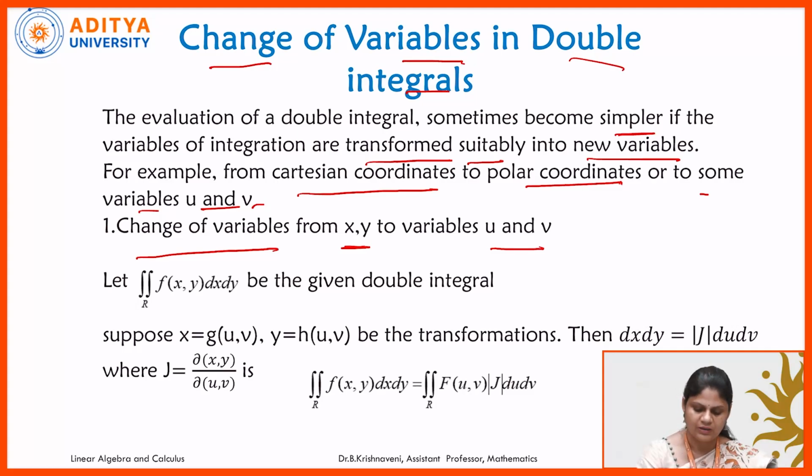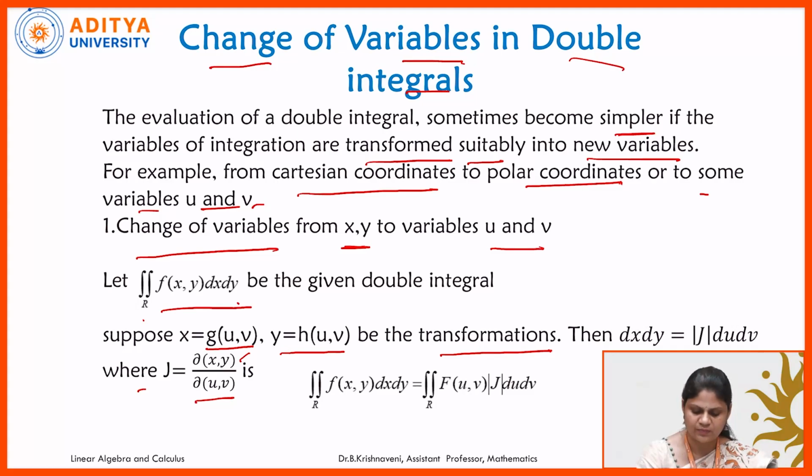How to do this? Let us consider a double integral over R f(x, y) dx dy. And suppose x is equal to g of u comma v, y is equal to h of u comma v be the transformations. Then dx dy is equal to modulus of J du dv, where J is the Jacobian, that is J is equal to dou of x comma y by dou of u comma v.